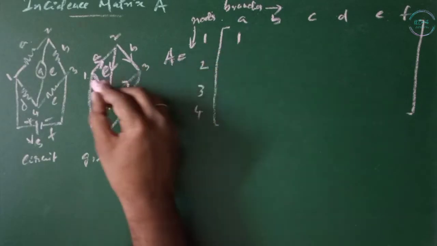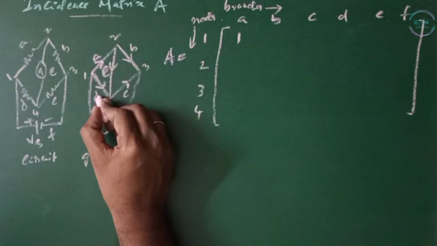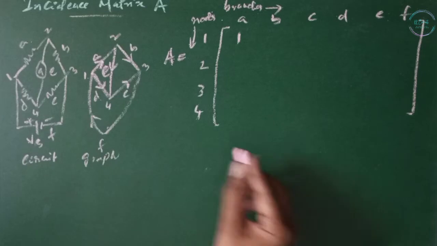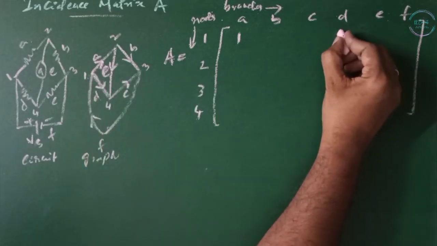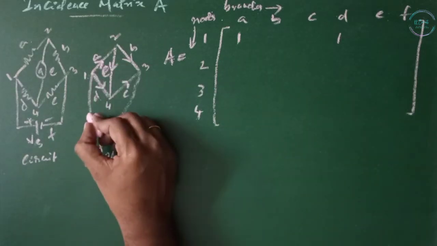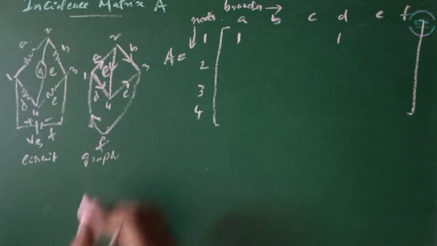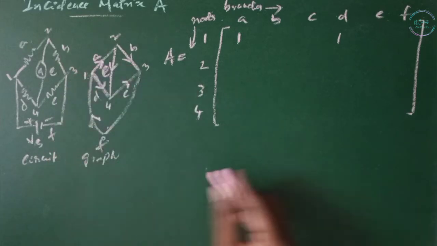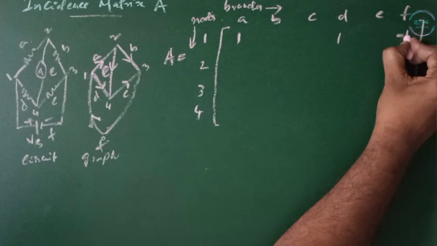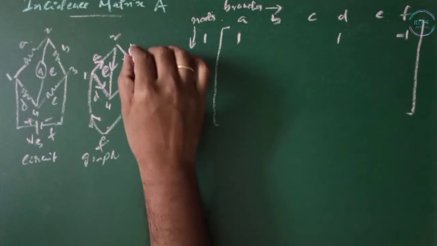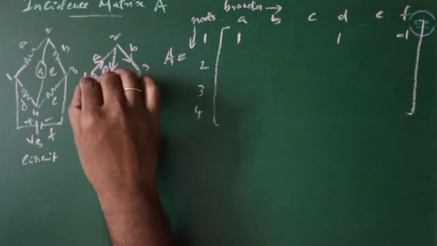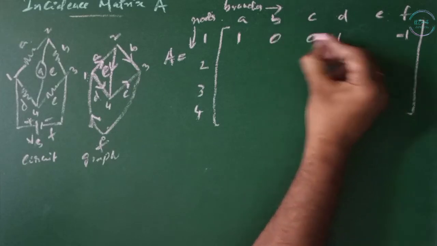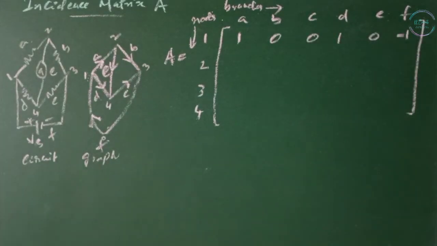D is also going away from node 1. But the branch F is coming towards node 1, so -1, and branches B, C and E are not connected to node 1, so they are zeros. This is one way of forming the incidence matrix.